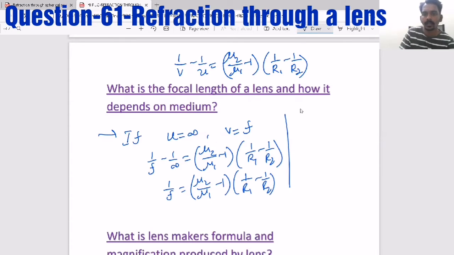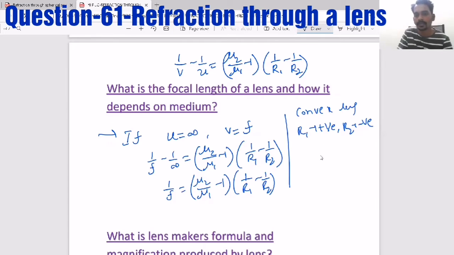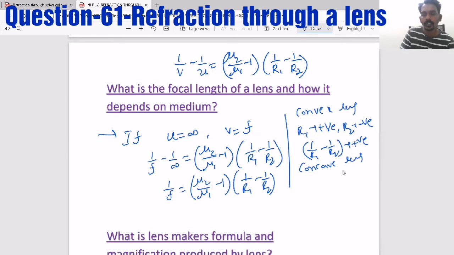Now here you have to understand that in case of a convex lens, R1 is positive and R2 is always negative when you place an object in front of the lens. So 1 by R1 minus 1 by R2 is positive. And in case of a concave lens, it is reverse.